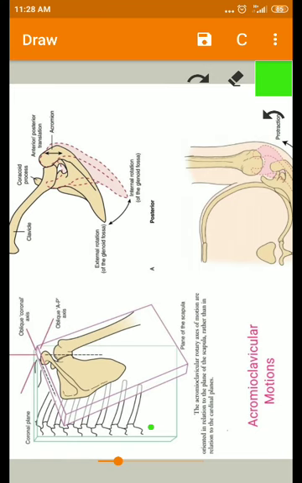Okay, so this is about the internal and external rotations, and also the other motions and the axes on which they are occurring. The remaining motions we are going to see in the next video.